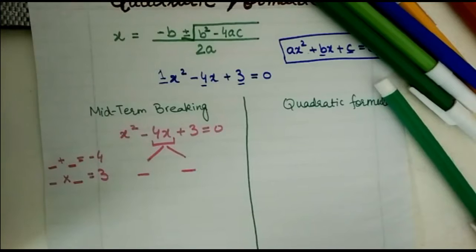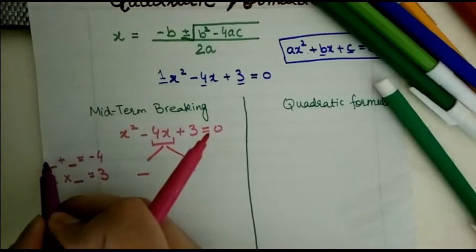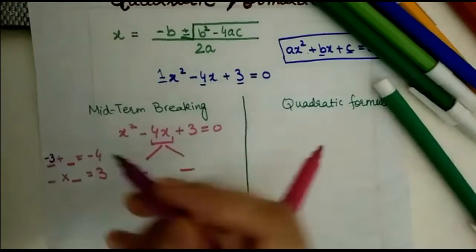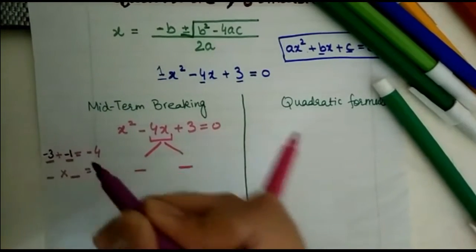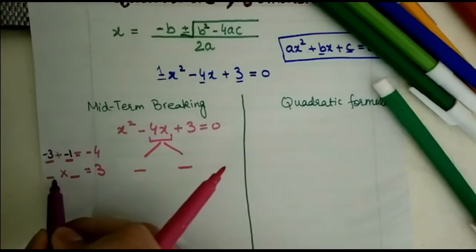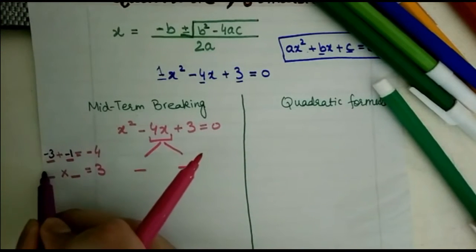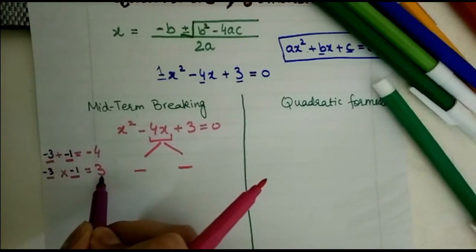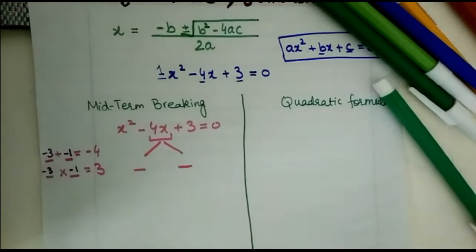Could it be minus 3 and minus 1? They both add up to get minus 4. And if we multiply both of these numbers, do they make 3? Yes, they do. So this is how I found it out.